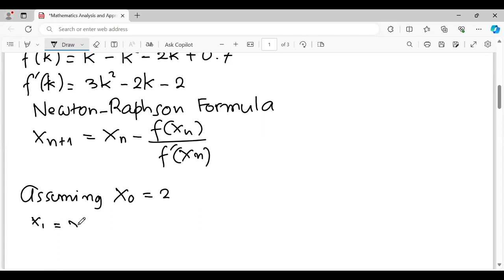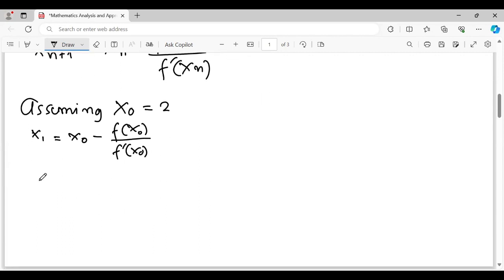It is x0 minus f(x0) over the derivative of x0. It means x1 equals 2 minus f(2) over the derivative at x equals 2.